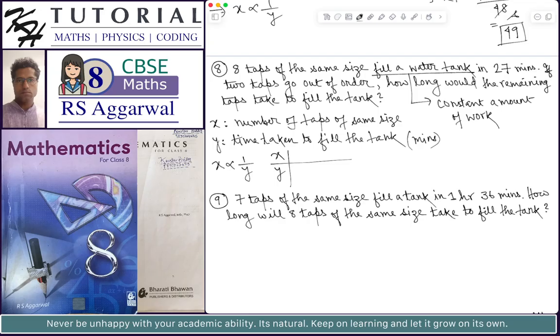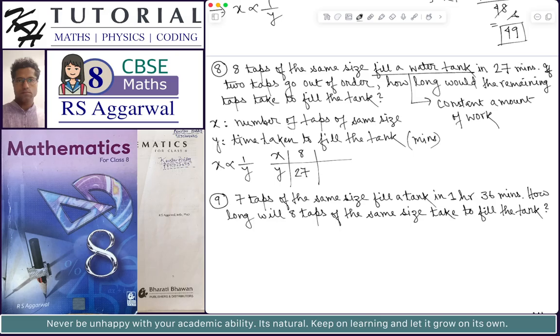So let's create the table. It is given that 8 taps are filling the water tank in 27 minutes. So 27 will be the value of y and 8 will be the value of x for the first corresponding values.